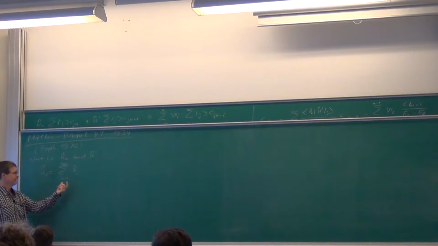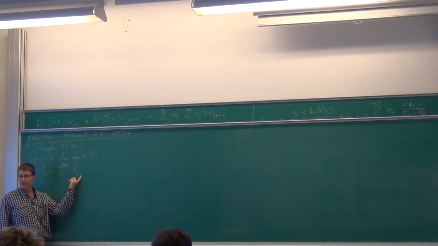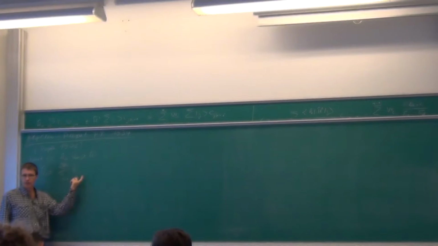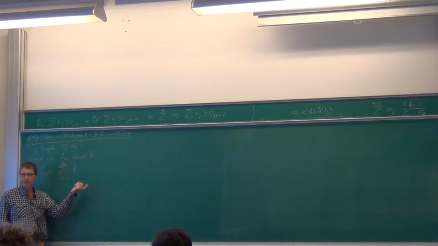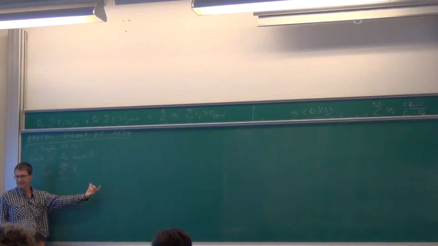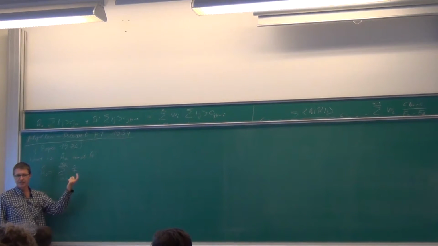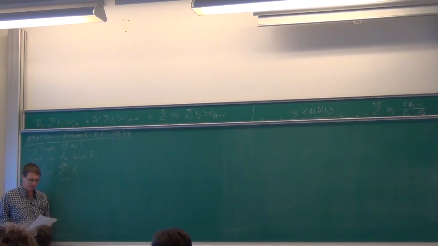What Nikolai said, it has the kinetic energy operator for each electron, it has the electron nuclear attraction operator for each electron, but it also has the effective averaged electron-electron repulsion operator.